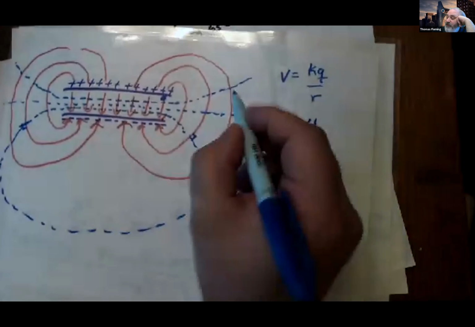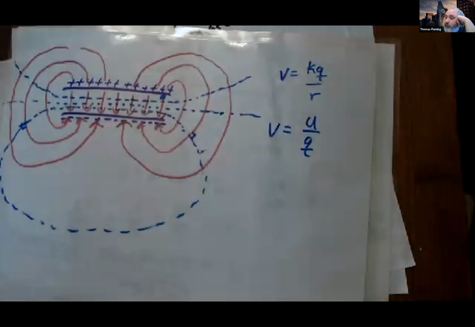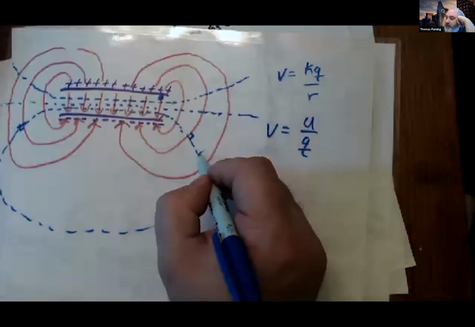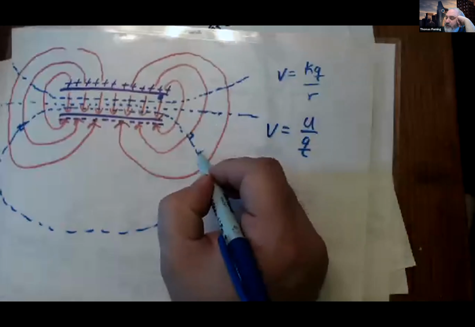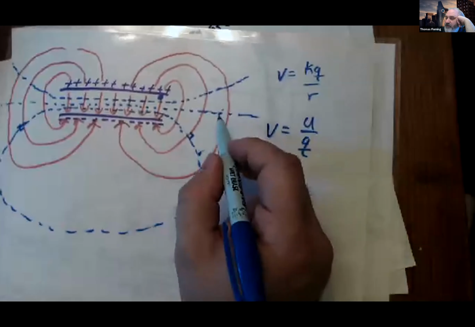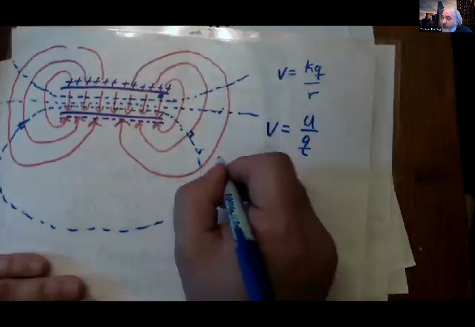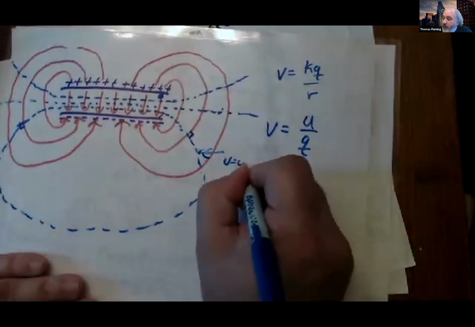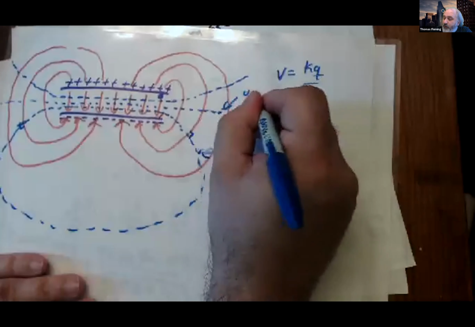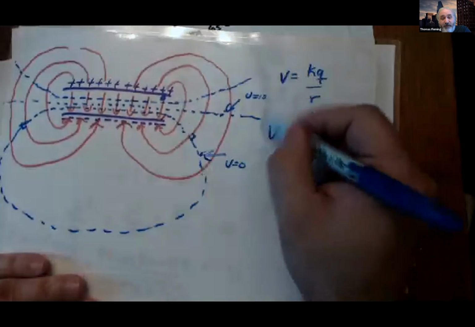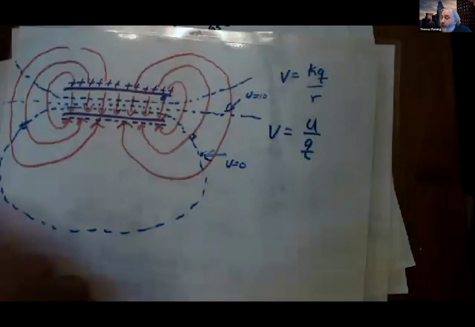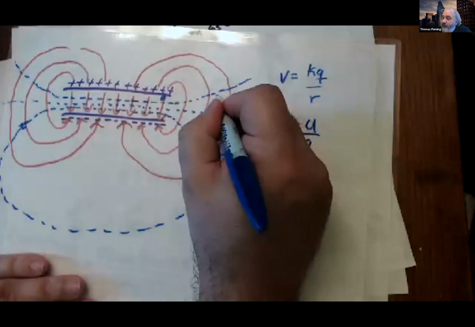However, if this was voltage 0, what will always be true is that this will be the same number of volts different from here to here as it was in the other case. In other words, I have two possibilities. I could call this V equals 0 and this V equals 10, and that's perfectly valid. Or I could choose to call this V equals 0.